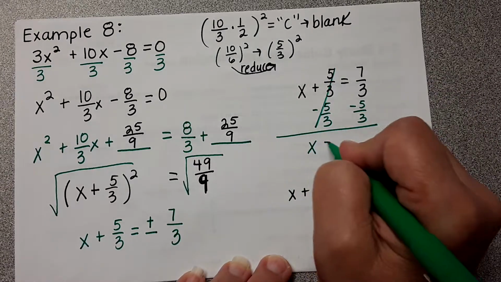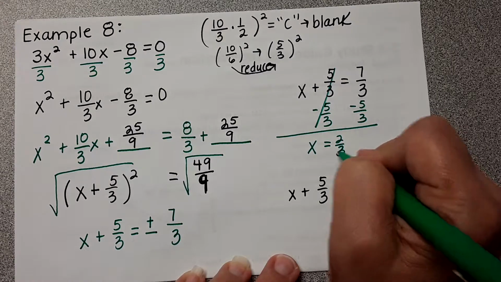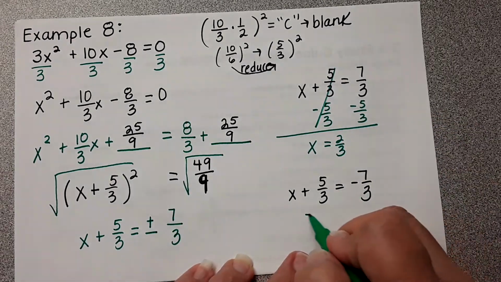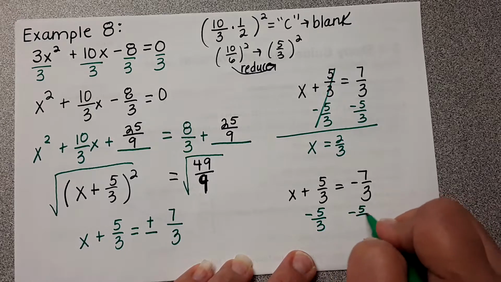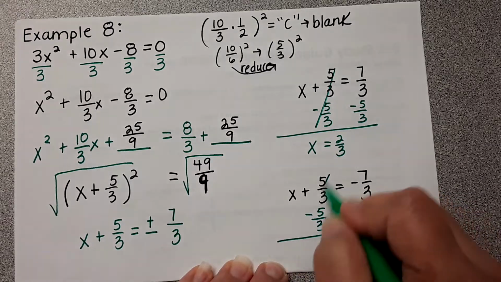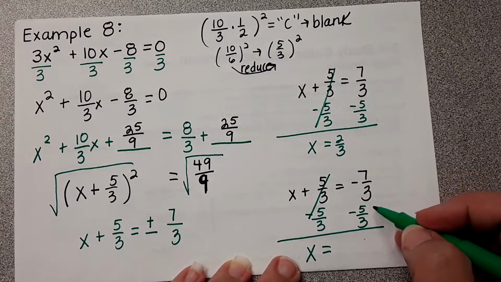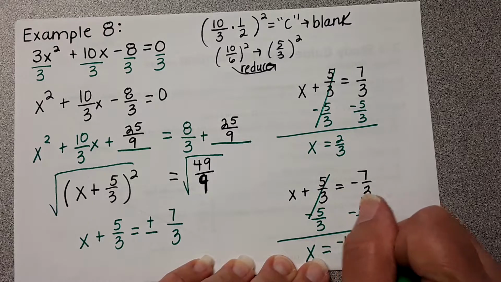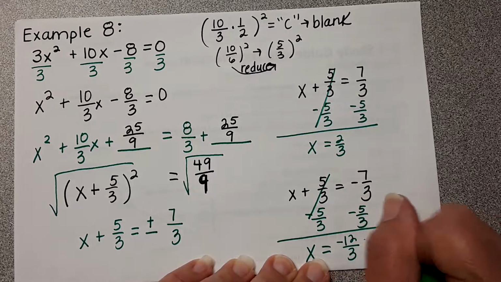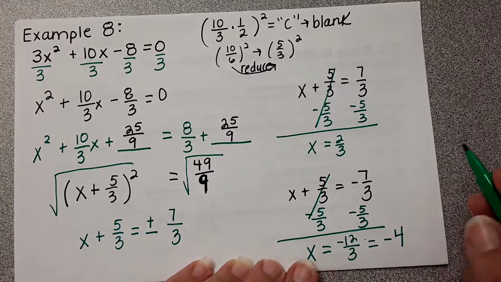I get x equals 7 minus 5 is 2/3. I'm going to subtract my 5/3 from both sides. I get x equals, well, negative 7 minus 5 is negative 12 over 3, which equals negative 4.